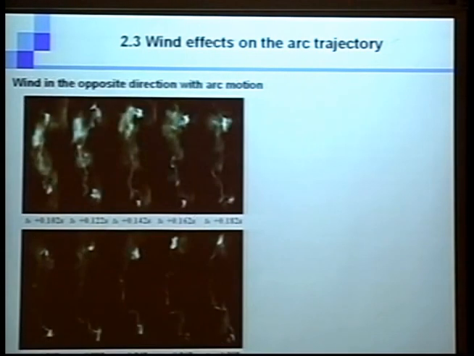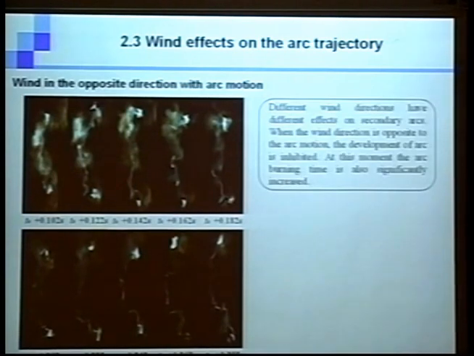And these pictures give the case when the wind is in the opposite direction to the arc motion. In this case, when the wind direction is opposite to the arc motion, the development of the arc will be inhibited.